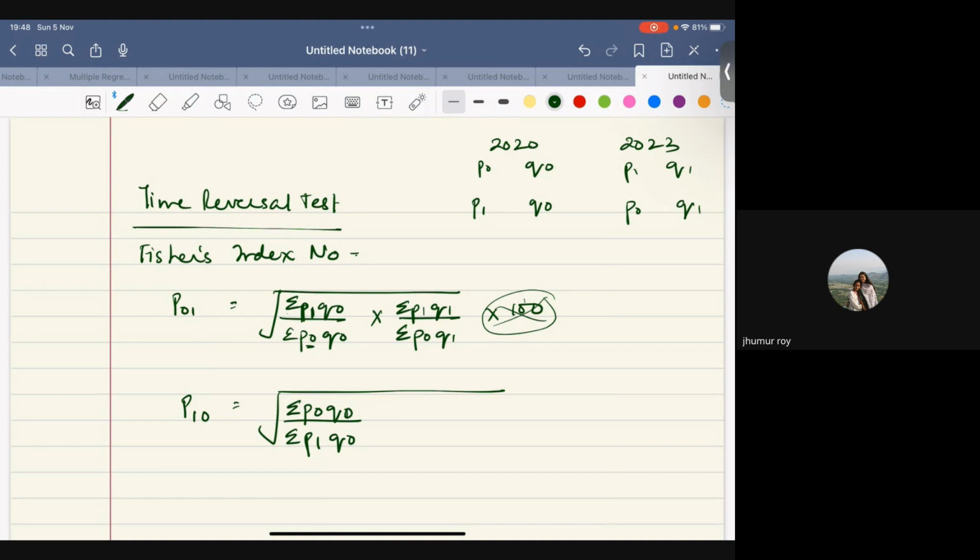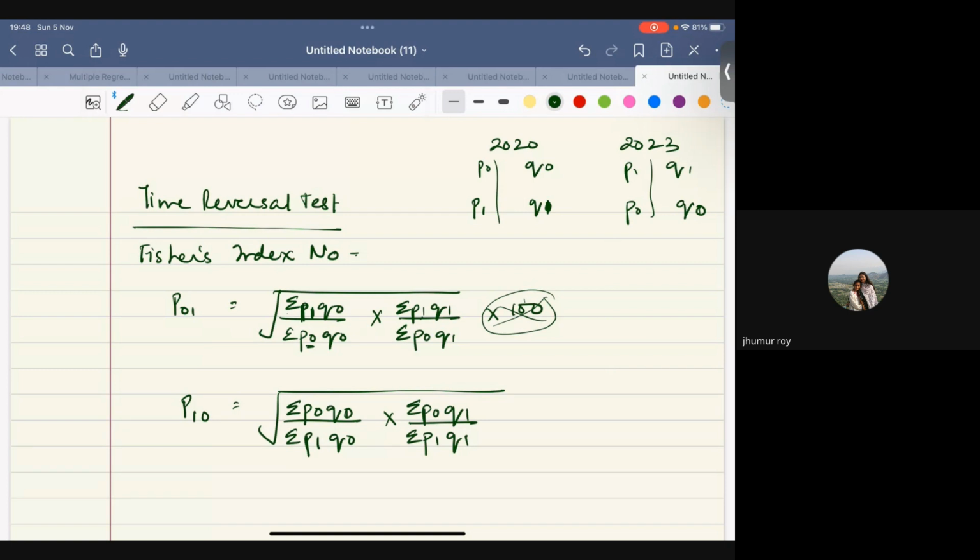Sorry, this will be Q0 and this will be Q1. So I'm not changing the Q part of it, I'm just changing P. Now over here, I wrote sigma P1, so instead of that I will write sigma P0 Q1 upon sigma P1 Q1. It's only the price that we are changing, because the ratio is what we want to take. So now we have just reversed it.